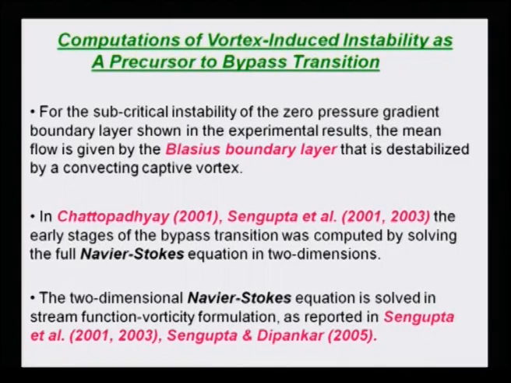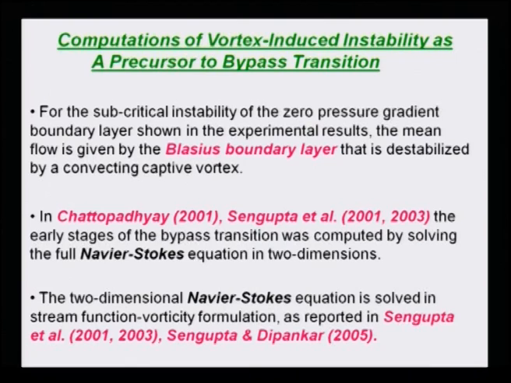So, this bypass transition mechanism that we are talking about is a very potent one. What we can do is think that we have a Blasius boundary layer that we can set up in the lab very easily. People have done it, and then we can destabilize it by a convecting vortex.